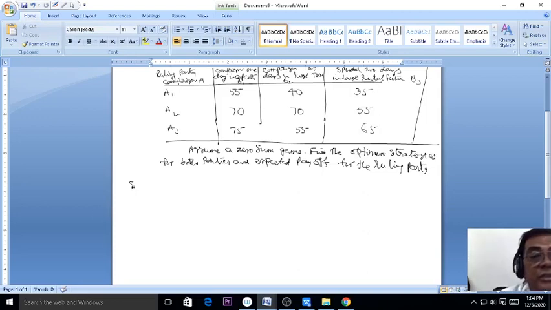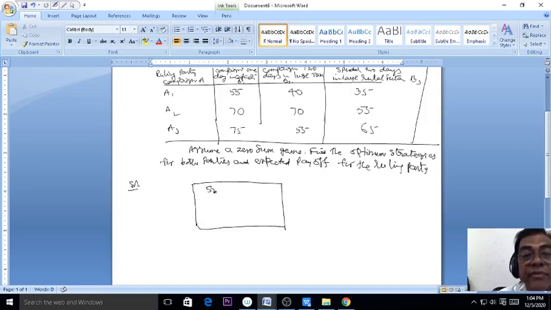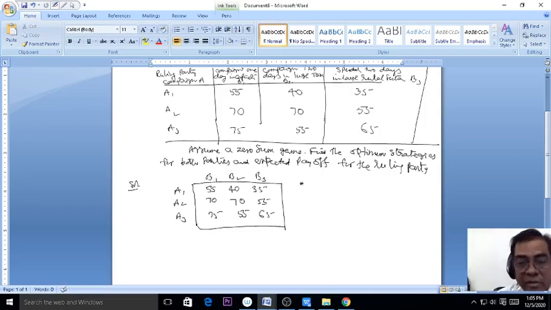Now the solution. First write this. Forget about the whole data, just take the elements only. 55, 40, 35, 70, 70, 55, 75, 55, 65. Let this be a plane: A1, A2, A3, B1, B2 and B3. Check whether the saddle point is available in the problem or not.